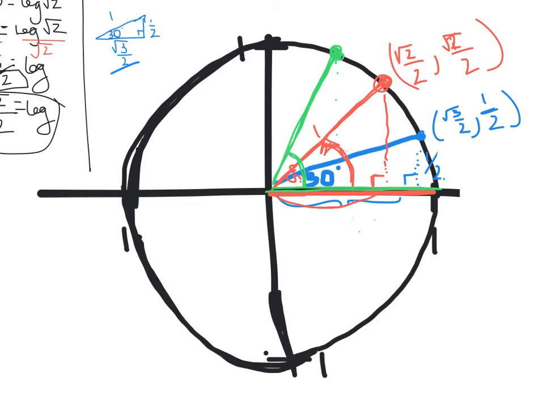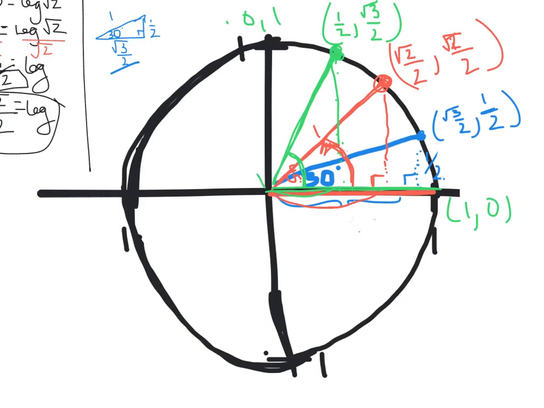So for a 60-degree angle, the horizontal change is 1/2, and the vertical change is square root of 3 over 2. So that is just one quadrant, keeping in mind that this is the coordinate 1, 0, this is the coordinate 0, 1. So then everything from there is just a reflection of that first quadrant.